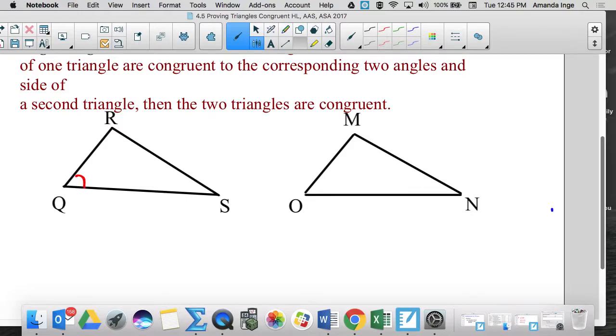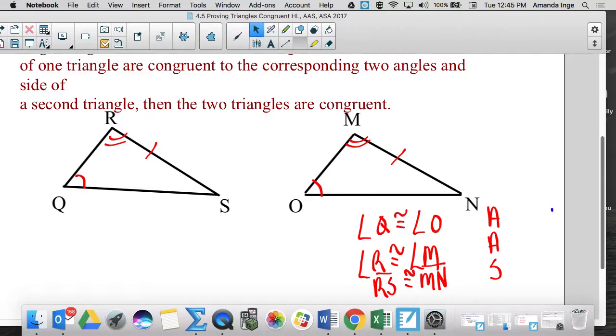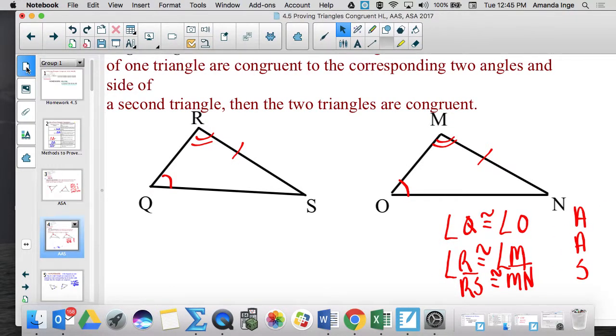So if it's angle, angle, side, then the side is not between the two angles. So in this case, we have angle Q is congruent to angle O, and angle R is congruent to angle M. And then side RS is congruent to side MN. So once again, you have an angle, an angle, and a side. So we will be using that for our reason that the two triangles are congruent. Okay.